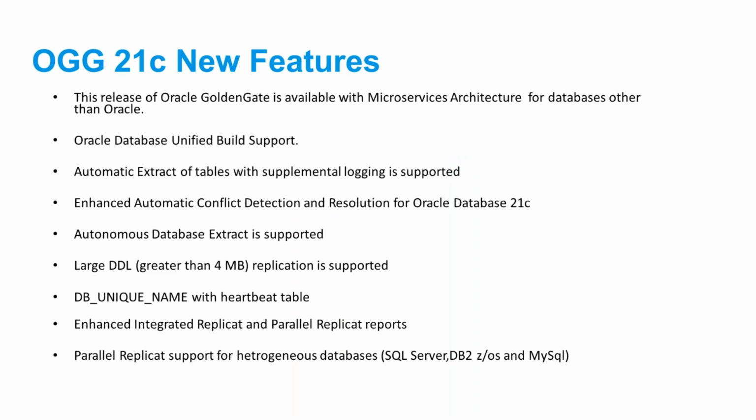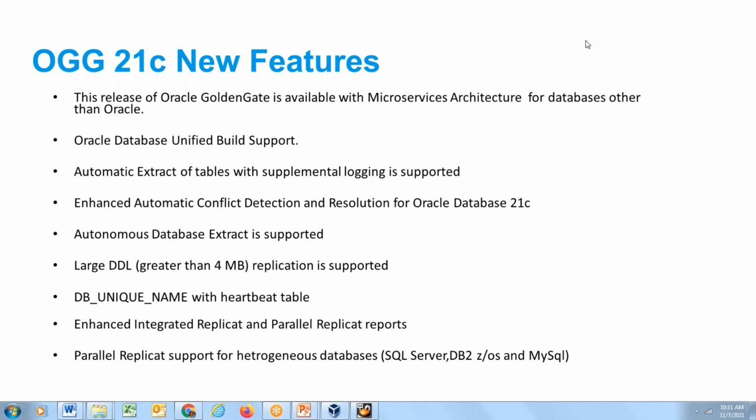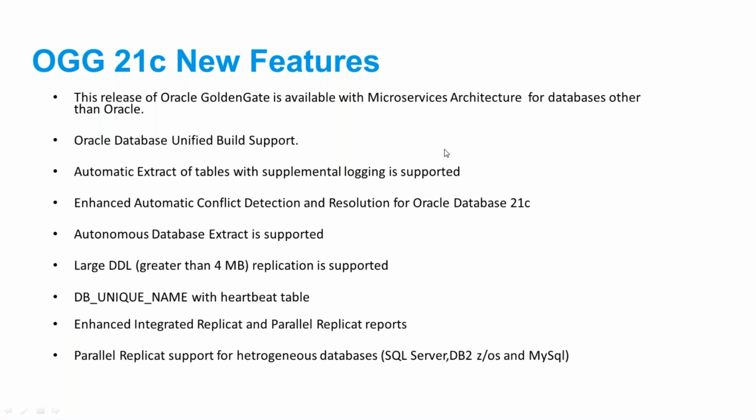Okay, so now let us discuss Oracle GoldenGate 21c new features. So what are the new features of Oracle GoldenGate 21c? The release of Oracle GoldenGate 21c is available with microservices architecture for databases other than Oracle. So with the introduction of 21c, Oracle GoldenGate microservices is now available for databases other than Oracle.